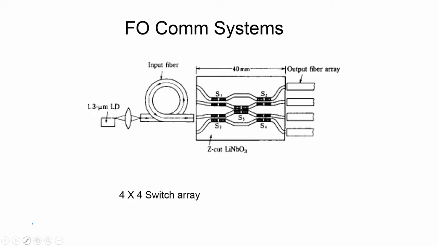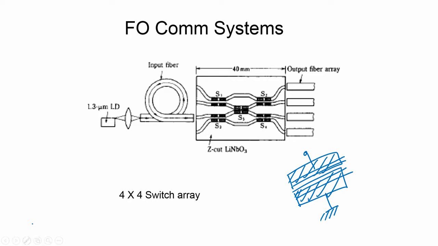A directional coupler switch has 2 waveguide directional couplers, and then you have the electrodes over that. Depending on the voltage that you apply to these electrodes, you can switch the signal from one input port to another output port. We have seen that earlier in the electro-optic effect.